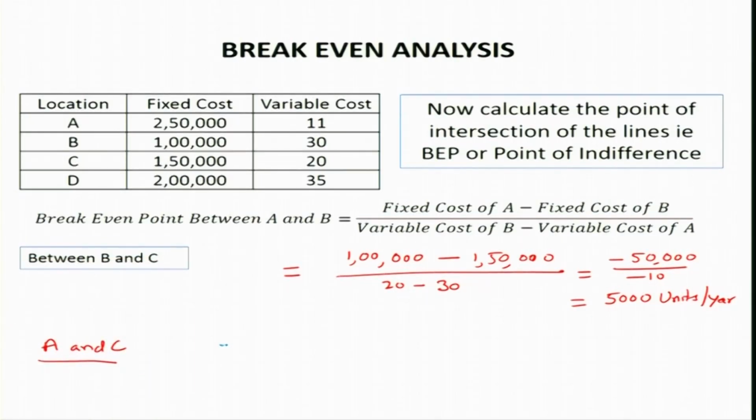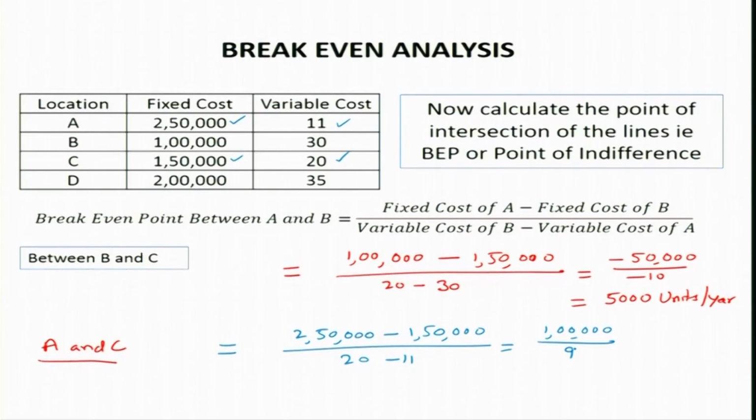Between A and C, the break even point or point of indifference, the fixed cost of A and C. So, this is 2,50,000 minus 1,50,000, divided by 20 minus 11, and this turns out to be 1 lakh divided by 9, and this will be 11,111 units per year.